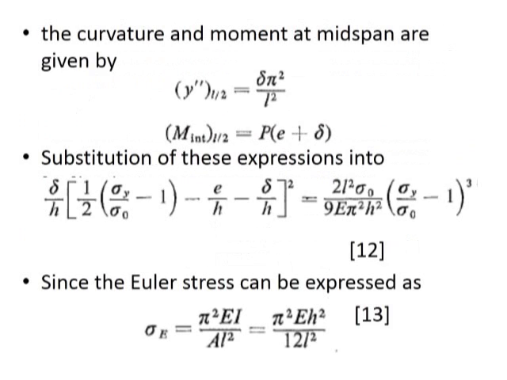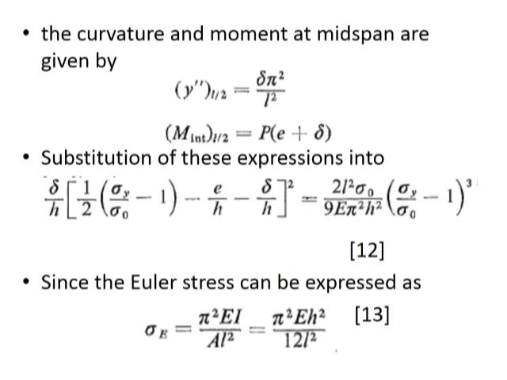The curvature and the moment at mid-length are given by y double dash into delta pi squared by L squared, and the internal moment at mid-length is equal to P into (e plus delta).